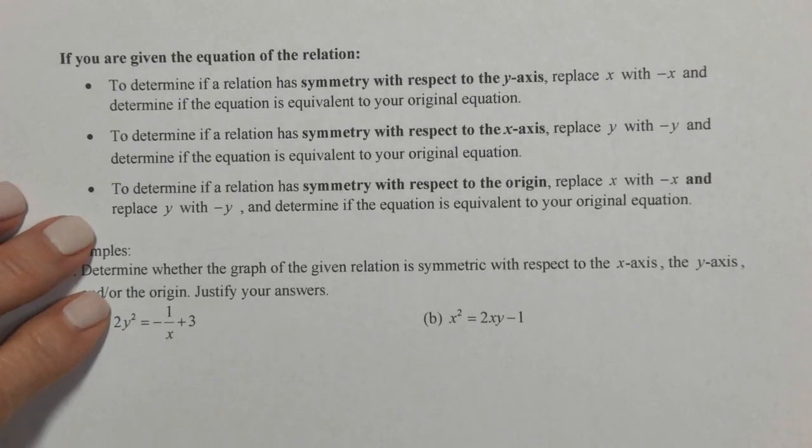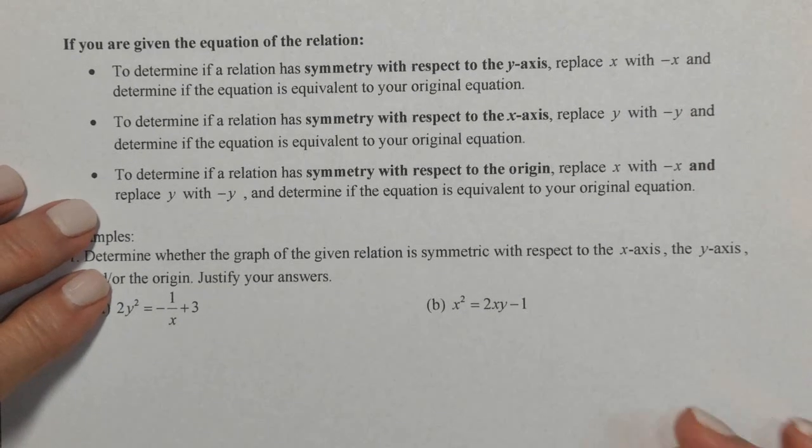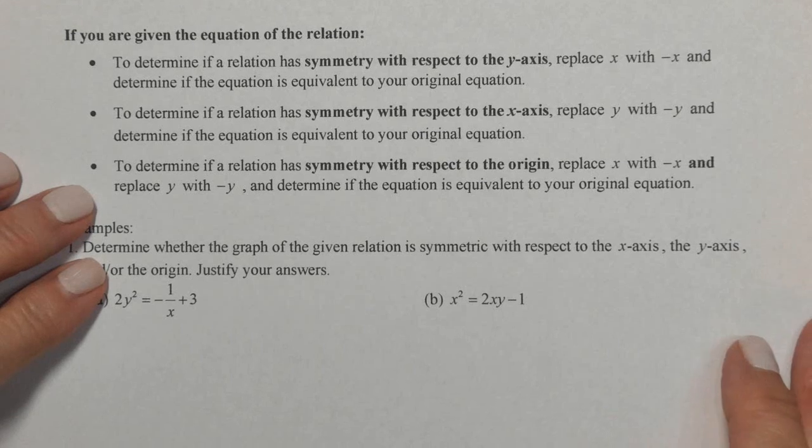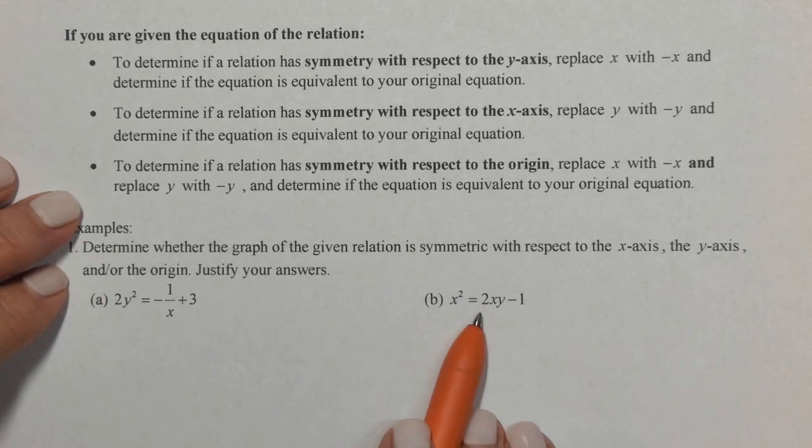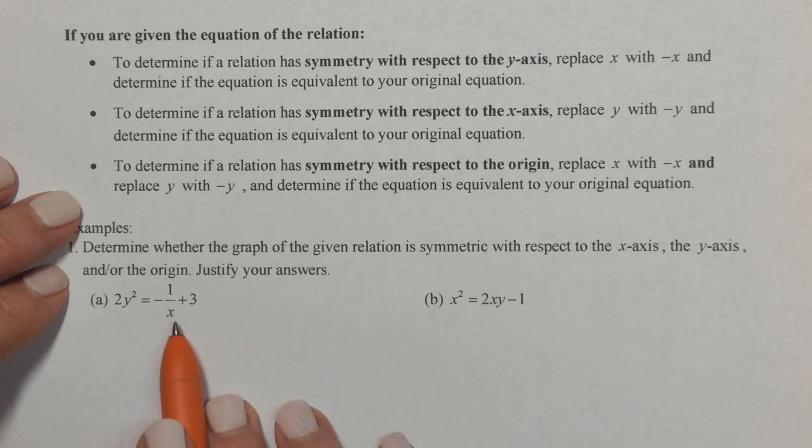Okay, what if you're not given the graph? What if you're given the equation? How do you tell if a relation has symmetry if you don't know the graph, or if the graph is obscure, you don't know what the graph looks like?